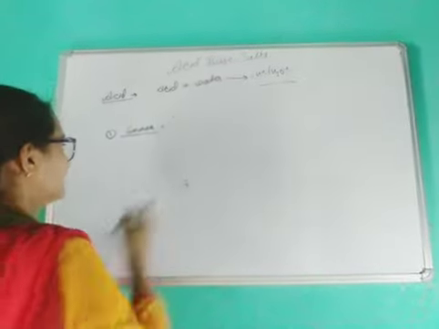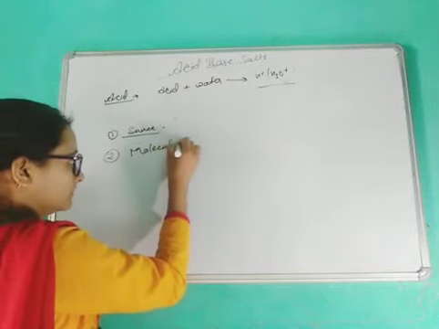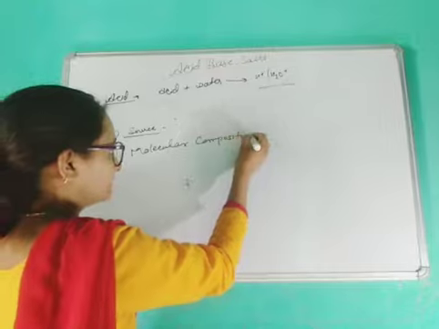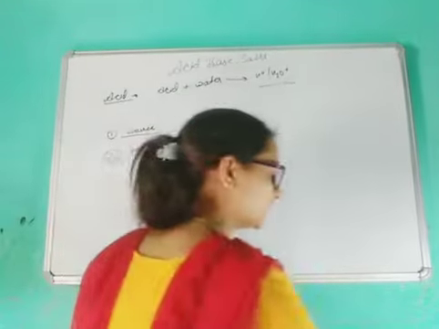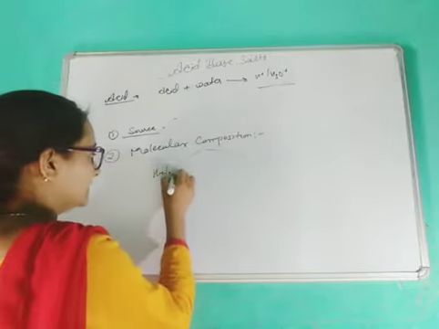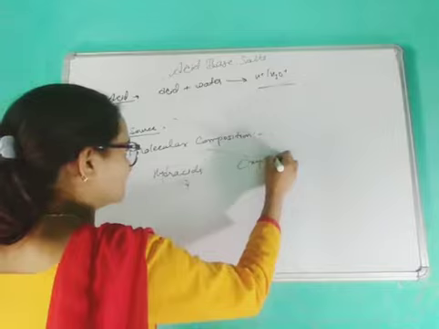Another basis is molecular composition. On the basis of molecular composition, there are two types. First one is hydracids and second one is oxyacids.